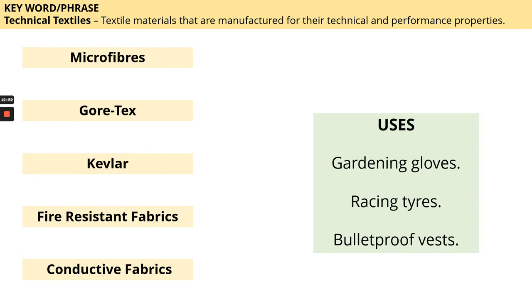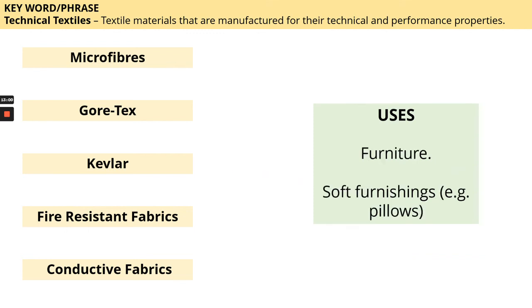What technical textile are these made from? If you said Kevlar, you are correct. And finally, we've got a fabric that's used to make furniture and soft furnishings. Which one do you think it is? If you said fire-resistant fabrics, you are correct.